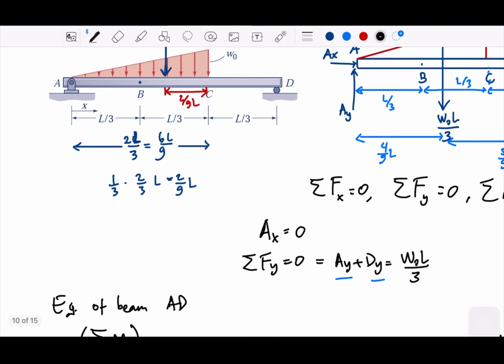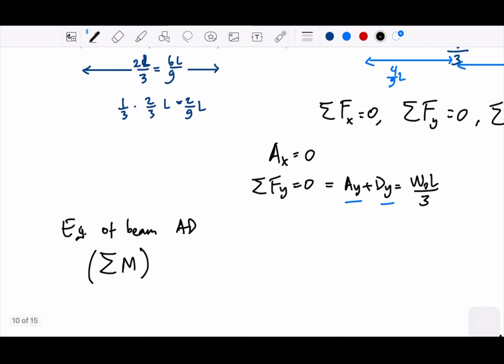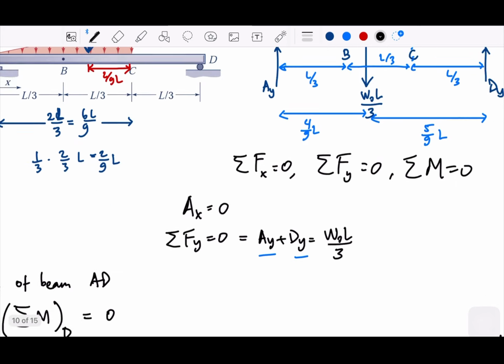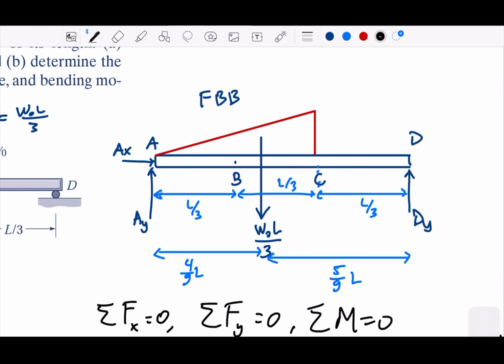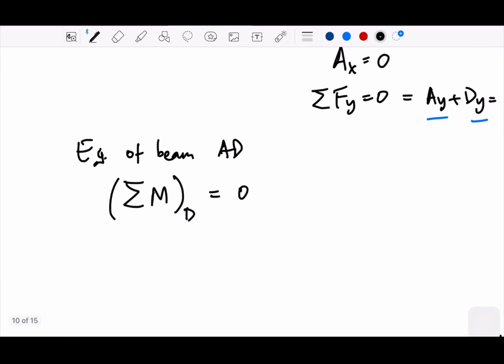The first question is asking the reaction at A and D, and the second question is the internal force. So let's first take the moment at D. At D, AY will couple, and we make sure that we deal with counterclockwise and clockwise. So let's say the counterclockwise is positive.